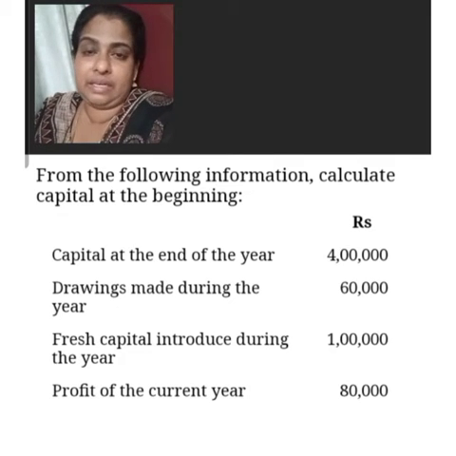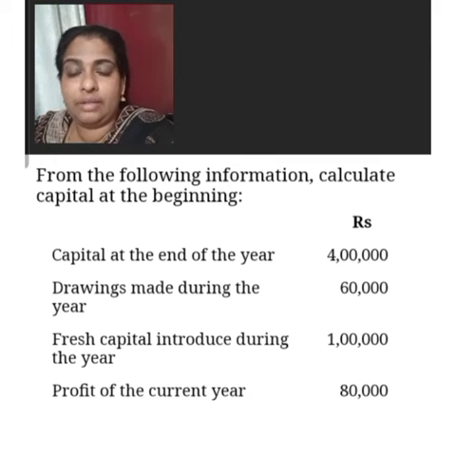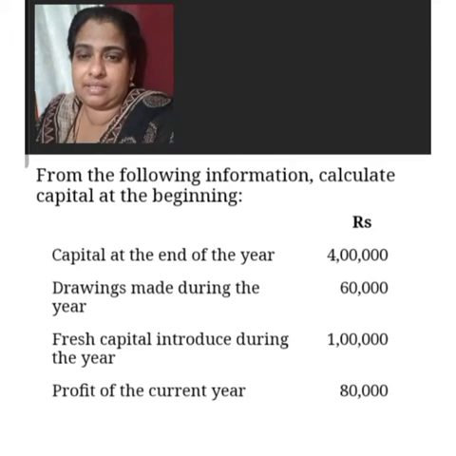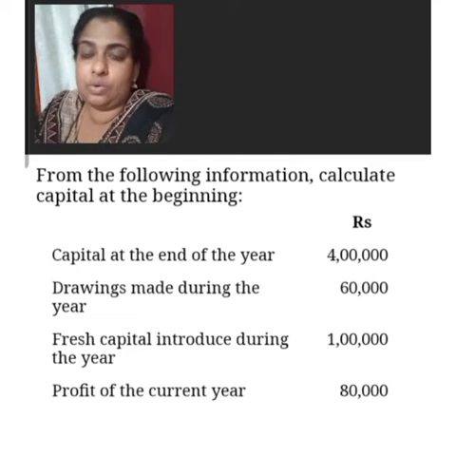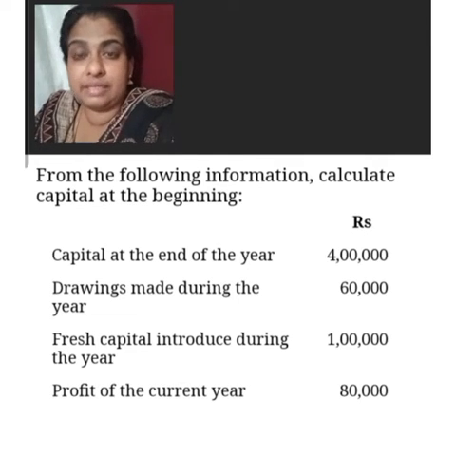For preparing the statement, first we want to transfer all the assets on the debit side. The various examples of assets are fixed assets and current assets. Fixed assets include plant, machinery, building, furniture.